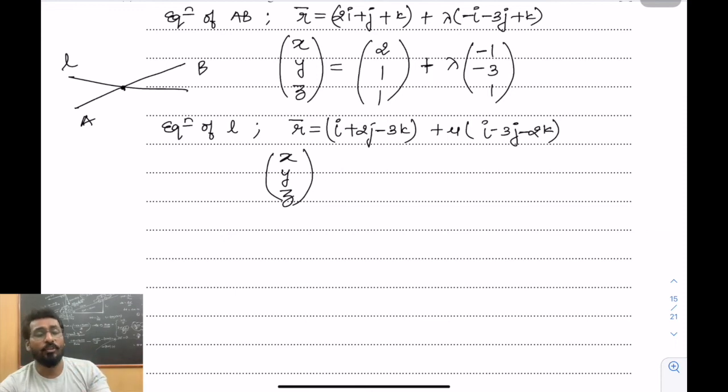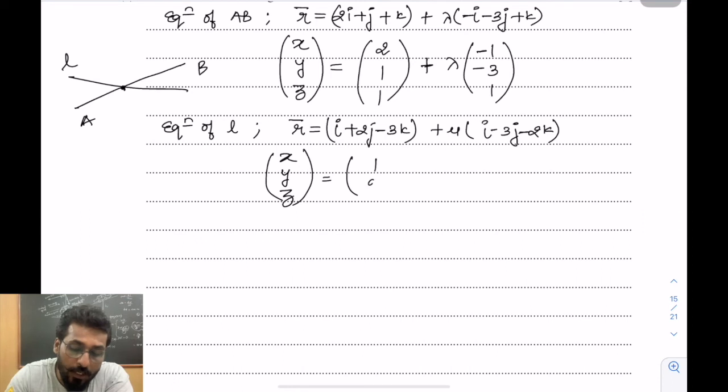Since the point lies on the line L, it should satisfy the equation of line L. So from both the equations, the coordinates of this point of intersection should come exactly the same, right? So I'm going to get those coordinates. That's the reason I've taken R bar as x, y and z in both of my equations. So here it is 1, 2 and minus 3 plus mu times of 1, minus 3 and minus 2.